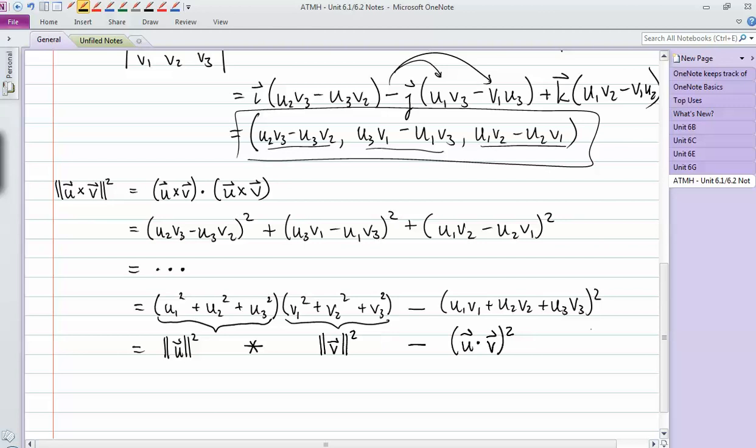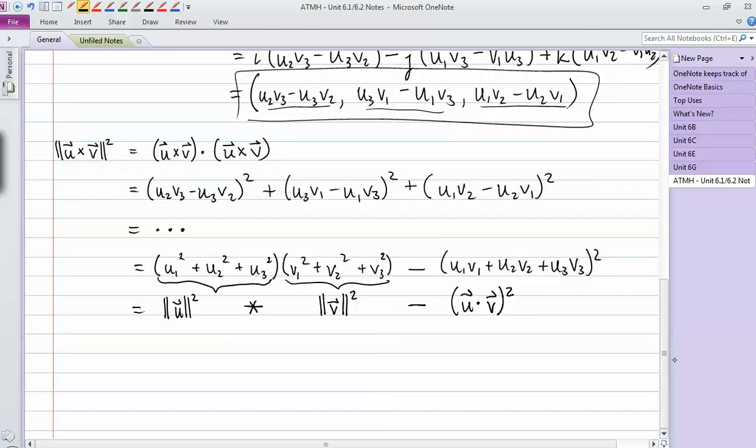Now I'm going to use another substitution. Remember u dot v. We've got that cosine alpha rule. I'm using alpha because we used alpha in the problems above. That's u dot v over magnitude u, magnitude v. So if I multiply this over to the other side, I get the inside of the parentheses here.